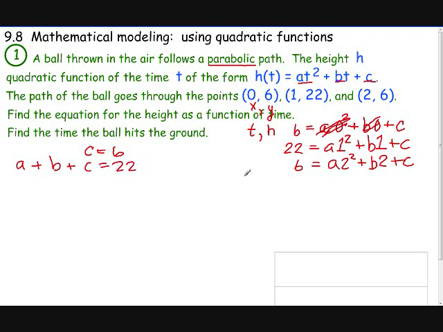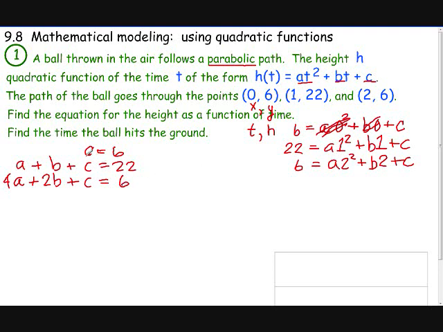And finally, 2 squared, that's right, so we have 4a plus b times 2, we always write this as 2b, plus c is equal to 6.